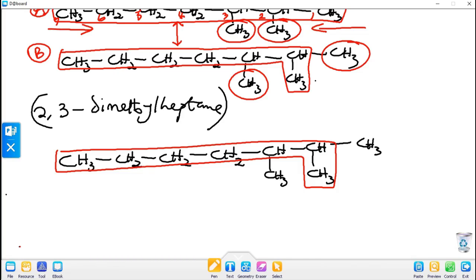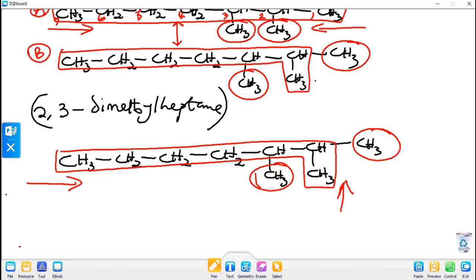We still have to obey the rule that says that, having identified our parent chain, the side chain should be given the lowest possible number. So if we come from the right-hand side, we are going to have lower numbers for the side chains compared to coming from the left-hand side.